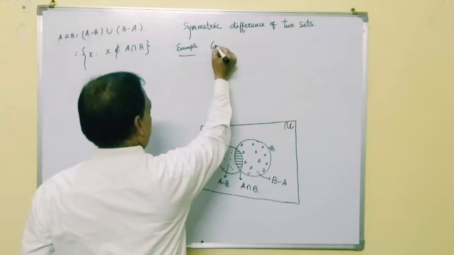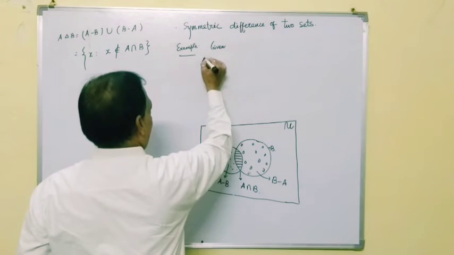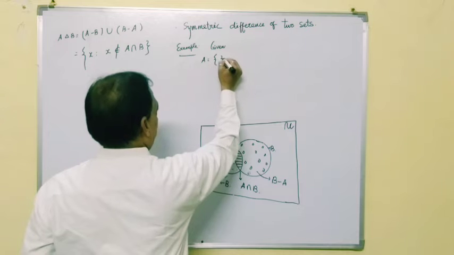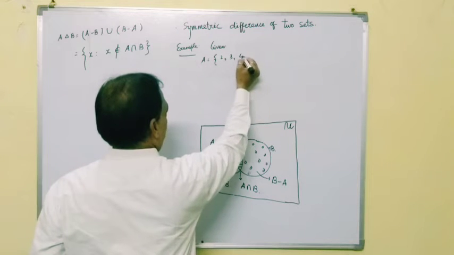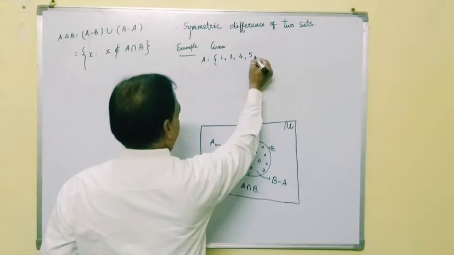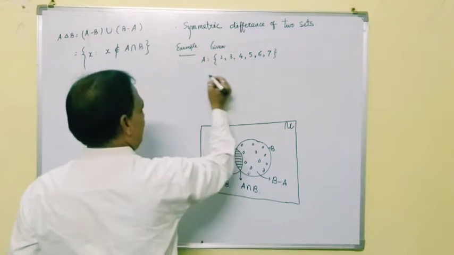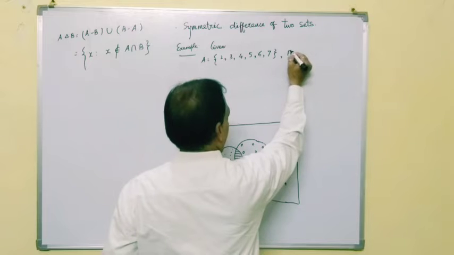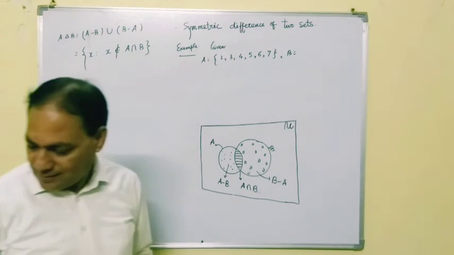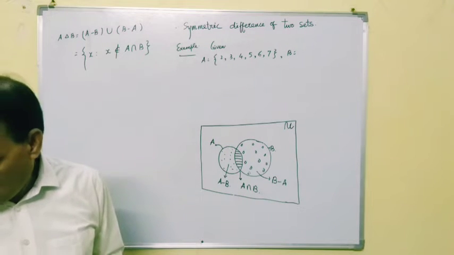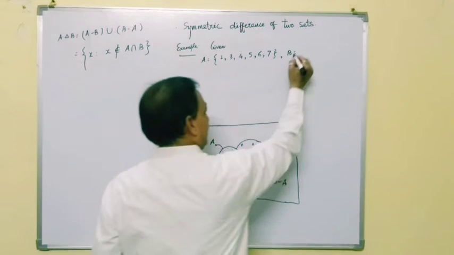You are given two sets, A is equal to 2, 3, 4, 5, 6 and 7, and B is 3, 5, 7, 9.